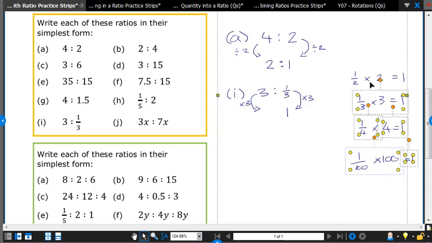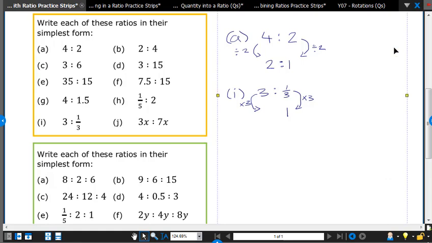I think they're quite straightforward, those questions. Not too bad. This one down here, J, let's have a look at J. I don't know if this is going to come up, but it could. So 3x to 7x. What's the common factor? X is just a number, so it could be 1, 2, 3, 4, 5, we don't know. But what we do know is that 3 is multiplied by this number, but 7 is also multiplied by this number. So the common factor is actually x.